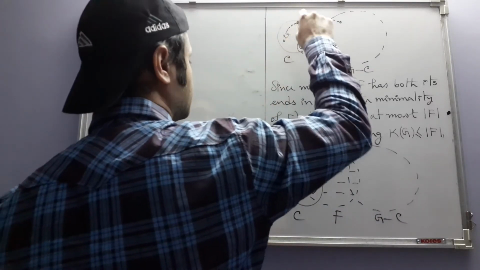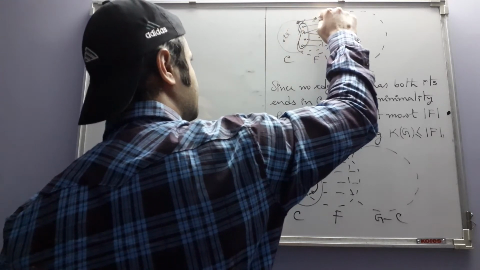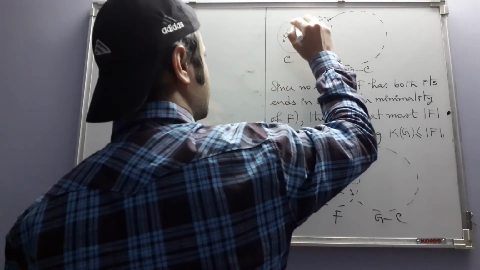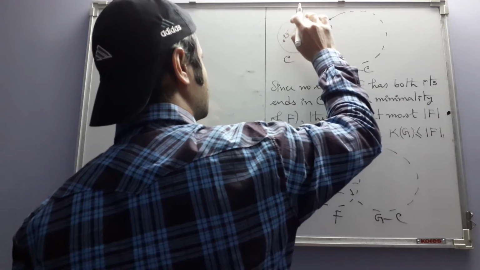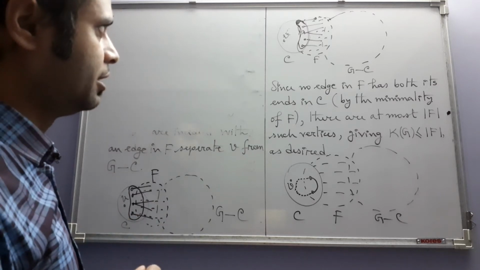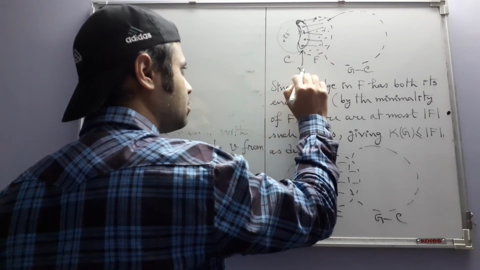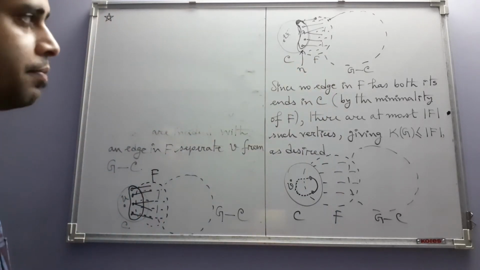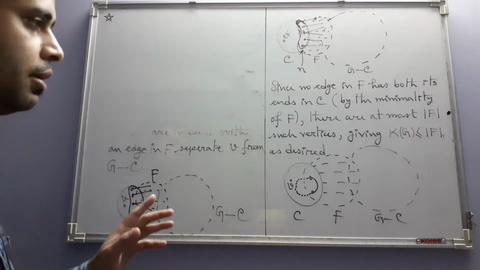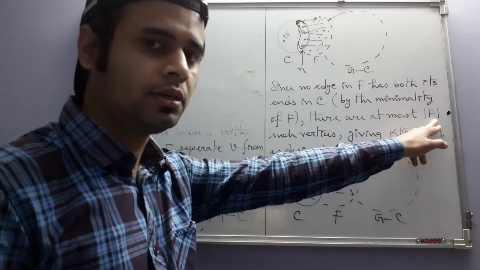So in reality, we don't have this type of connection which evades F totally, and such a vertex is actually part of this class of vertices from C, whose removal disconnects V from G minus C. Suppose the number of such vertices is n. Now we want to say that n is less than or equal to the number of edges in F.